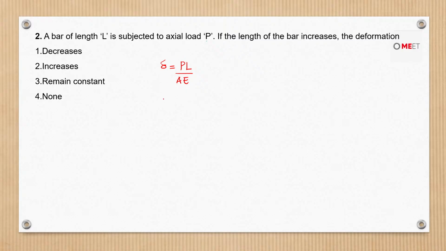From here you can observe that delta is directly proportional to length. So as the length increases, the deformation also increases. So option 2 is the answer for the second question.